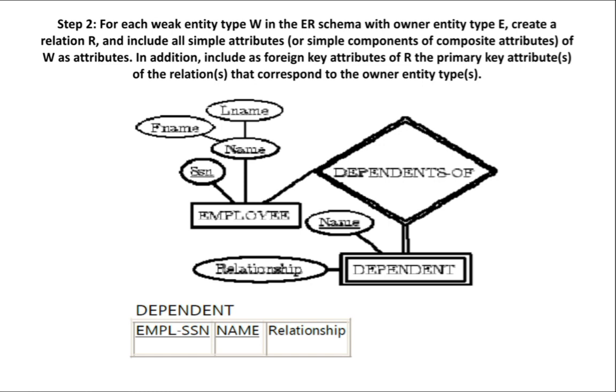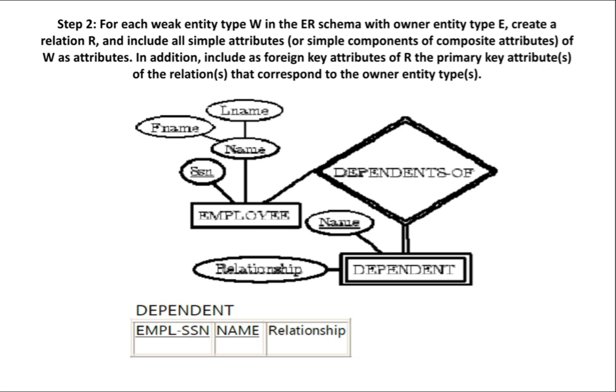See, for each weak entity type in the ER schema with owner entity type E, the weak entity is W, the owner entity, that is the strong entity, is E. Create a relation R. You have to create a relation for the weak entity, and that relation should be R. And also include all the attributes of E as the attributes of W. Simple or composite, no problem. You have to include all the attributes of E as the attributes of W also.